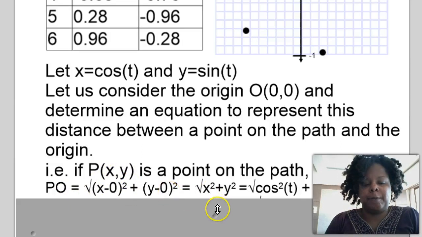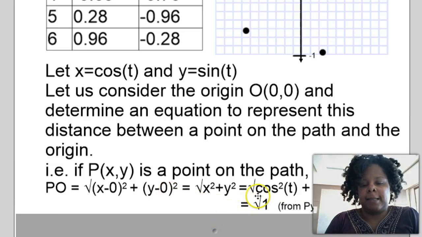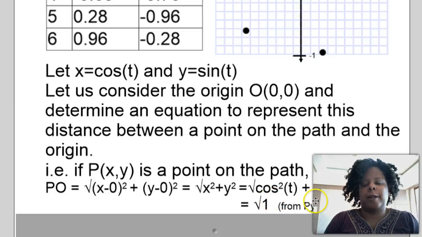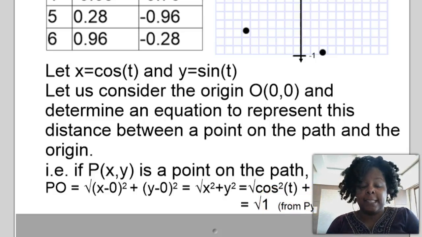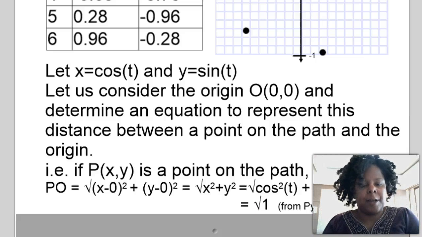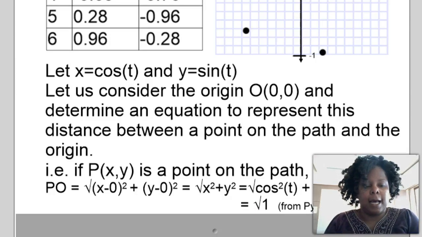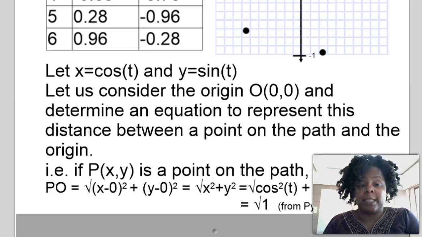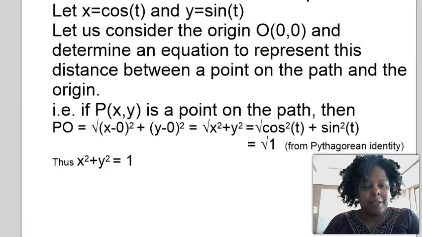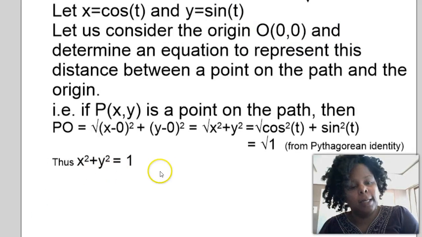And when we do some simplification, we see that this is also equal to the square root of cosine squared plus sine squared. And from our Pythagorean identities from last semester, we know that that is equal to 1. So we have another way of representing the relationship between the distance between a point on the path and the origin, and that relationship is x squared plus y squared is equal to 1.